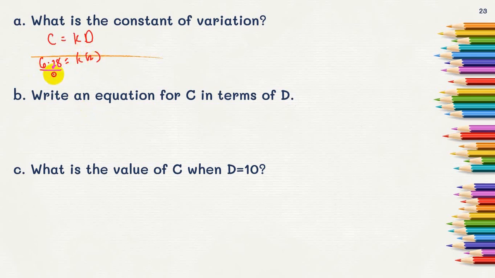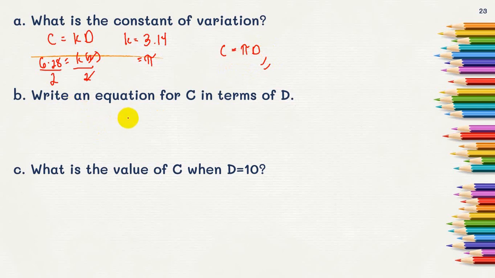Divide both sides by 2. k will be equal to 6.28 divided by 2, which is 3.14. If you observe, 3.14 is also pi. Why? Because we're talking about the formula for the circumference of a circle, which is pi d.